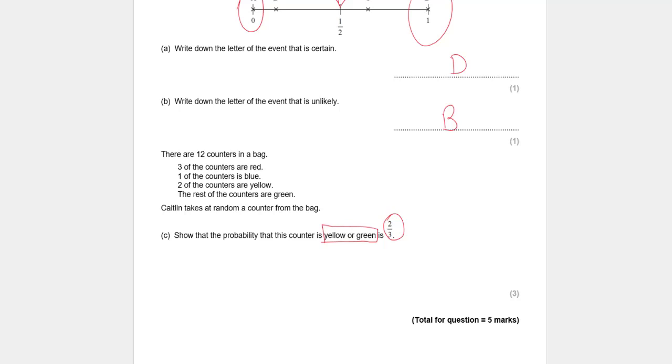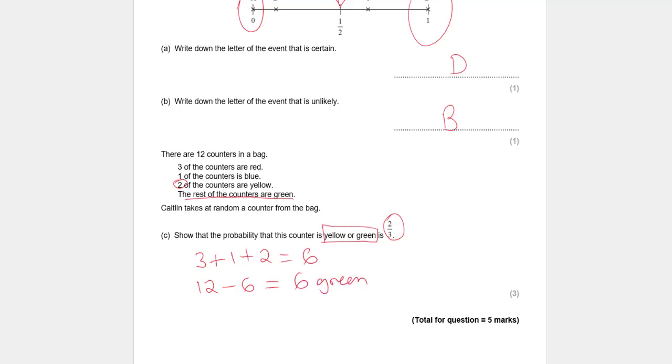Now let's work out how many yellow or green we have. We have yellow 2, we do not have the number of greens, so we need to first of all work out the number of greens. So we have red 3, 1 blue and 2 yellows. So 3, 4, 5, 6 altogether. Out of the 12, the rest are green, so 12 take away 6, 6 green.